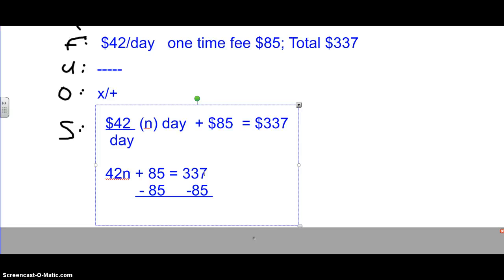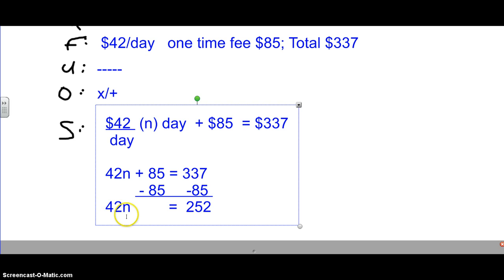And when we do, we'll have 42n left. 42n, no more 85s, right? Equals, what is 337 minus 85? Well, that would be 252. All right. So, how do we undo this?